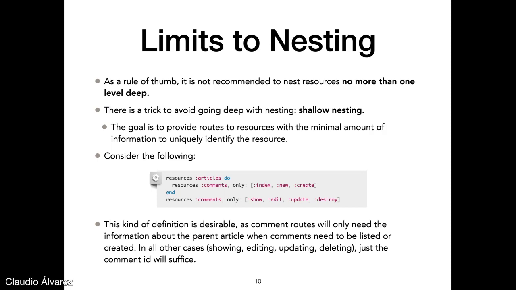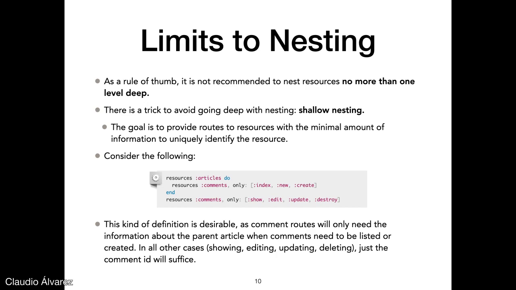But in other cases, for instance, you want to show a particular comment. To show a particular comment, you don't need the article. You simply put the comment object in the helper and it will open up, right? If you want to edit a comment, it's the same thing. We will see this later, but to create the link for the edit action, you only need to know the comment and the comment ID, and that's it.